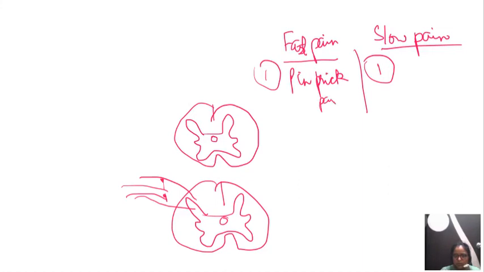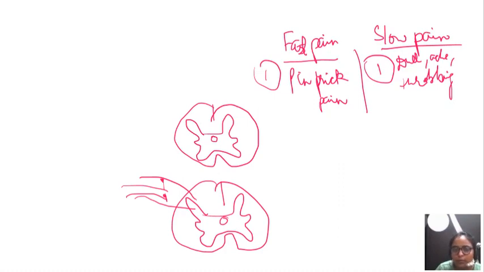And if I ask about dull, aching, throbbing pain, that is your slow pain, meaning you cannot pinpoint exactly where you are feeling it. If it is fast pain, you have precision, meaning you can say exactly where the point is.